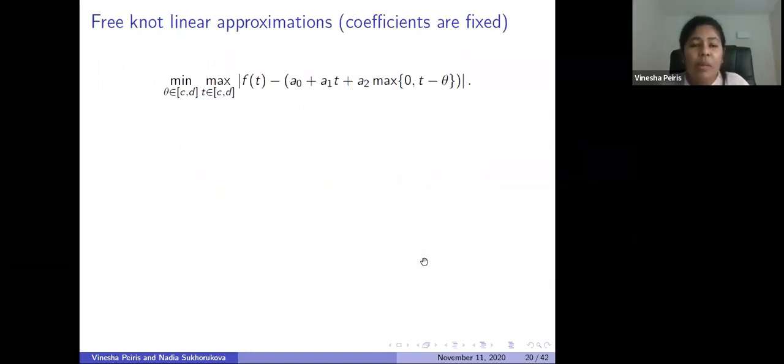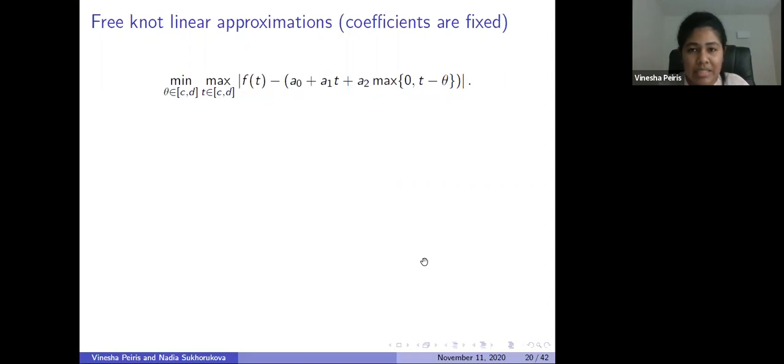Okay, so now we are moving on to the numerical experiments. This first experiment is a free knot linear approximation. I have to mention that the coefficients are fixed. We were discussing another example earlier where we fixed the knot and optimized the coefficients.